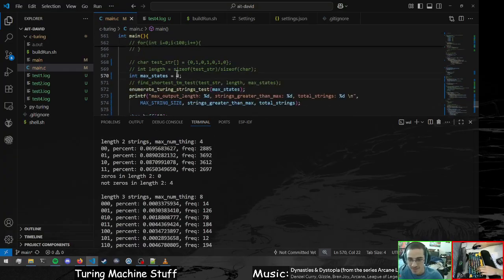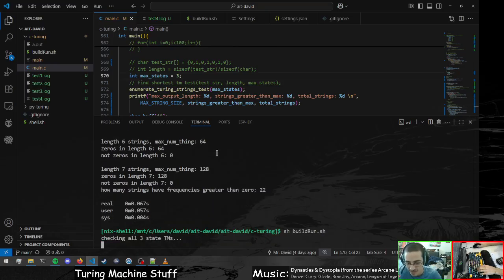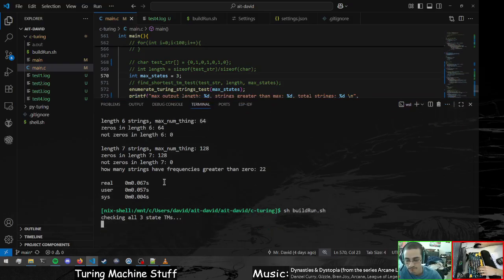Alright, let's run it for 3 and see if we get the symmetries. I hope I do. This should take longer than it has been taking.